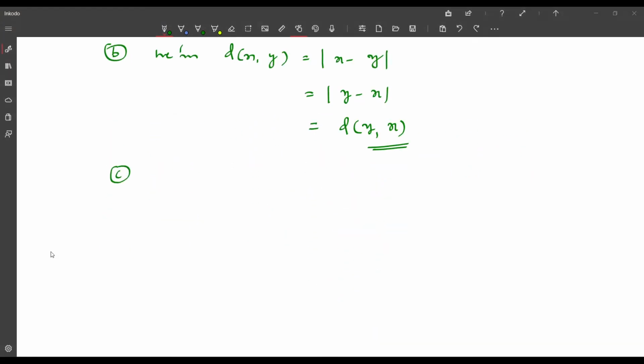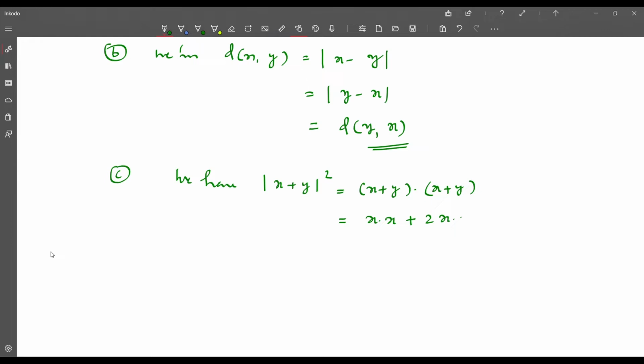So before proving C, first we prove the triangle inequality. So we have modulus of x plus y the whole square. This is equal to x plus y dot x plus y. Remember, we are treating x and y as vectors. So this is equal to x dot x plus 2 times x dot y plus y dot y. This is less than or equal to modulus of x squared plus 2 times modulus of x into modulus of y plus modulus of y squared.